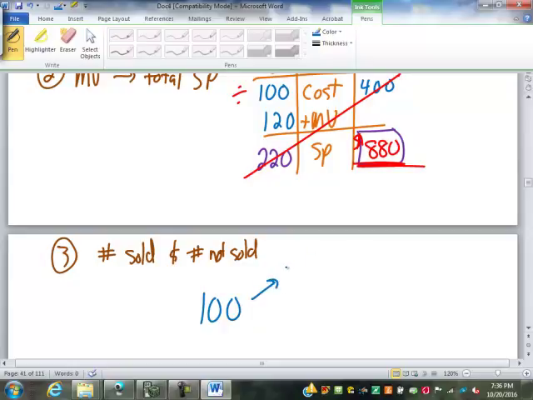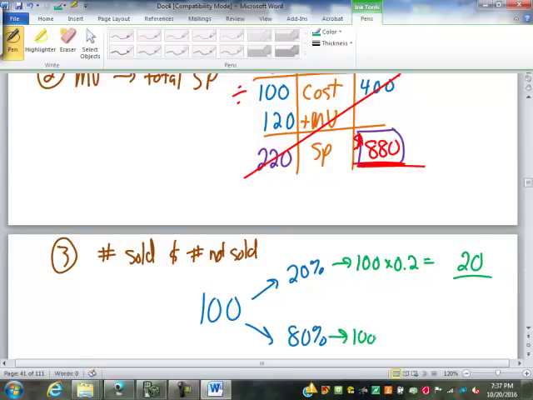What percent did it say not sold? 20%. So that means 80% are sold. So 100 times 0.2 is 20 that are not sold. 100 times 0.8 is 80 that are sold.